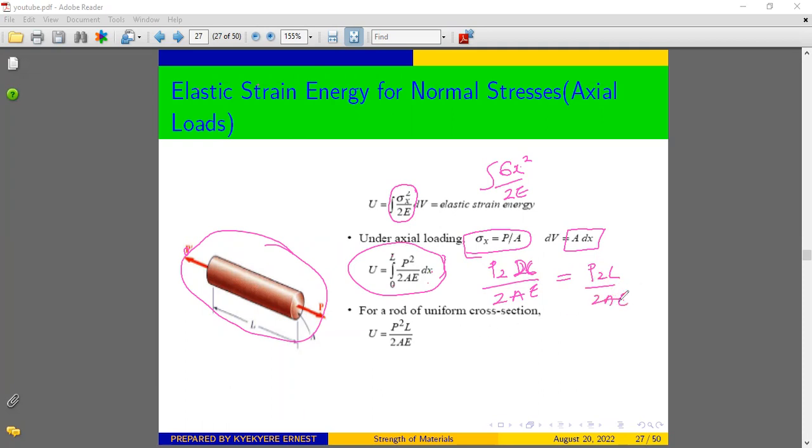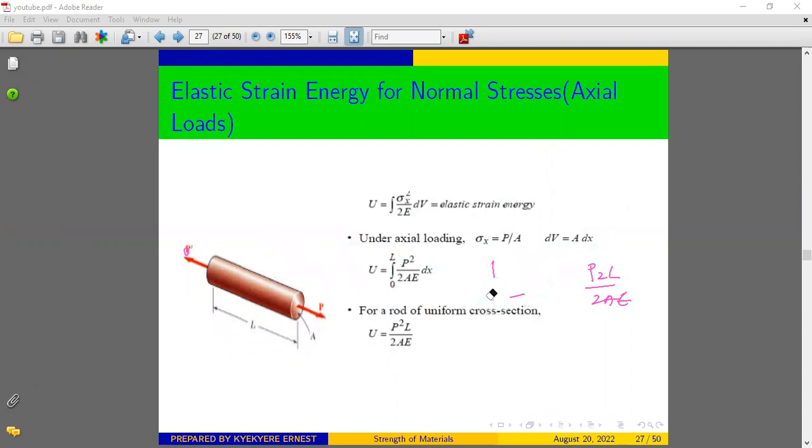So anytime you are given a rod with uniform cross section and you want to get the strain energy, it will be given by this formula. So quickly, let's solve an example on strain energy for normal stresses or for axial loads.